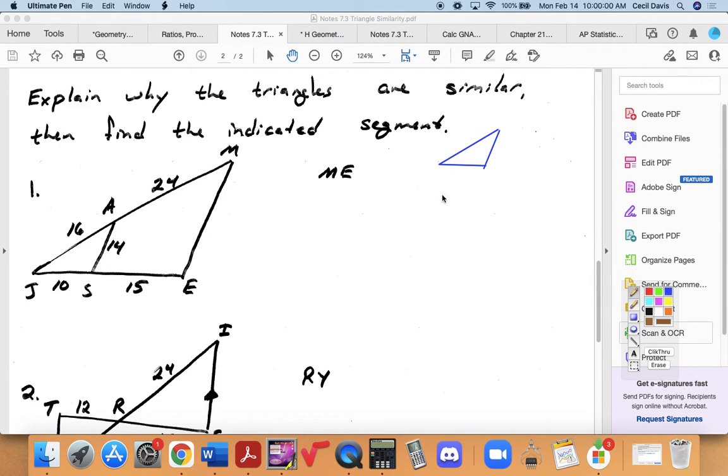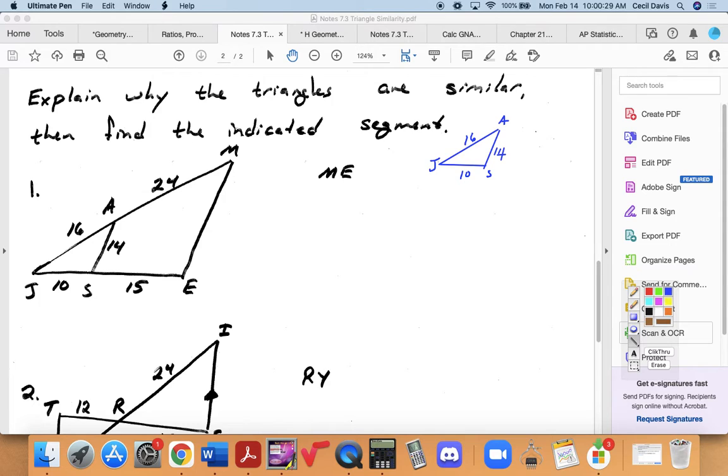So triangle JAS looks like this. And we know that this side is 16 and this side is 10. AS is 14. I'm sorry? I think you gave us AS is 14. Oh, okay, thank you. I thought you were saying one of the ones I'd already written was 14.